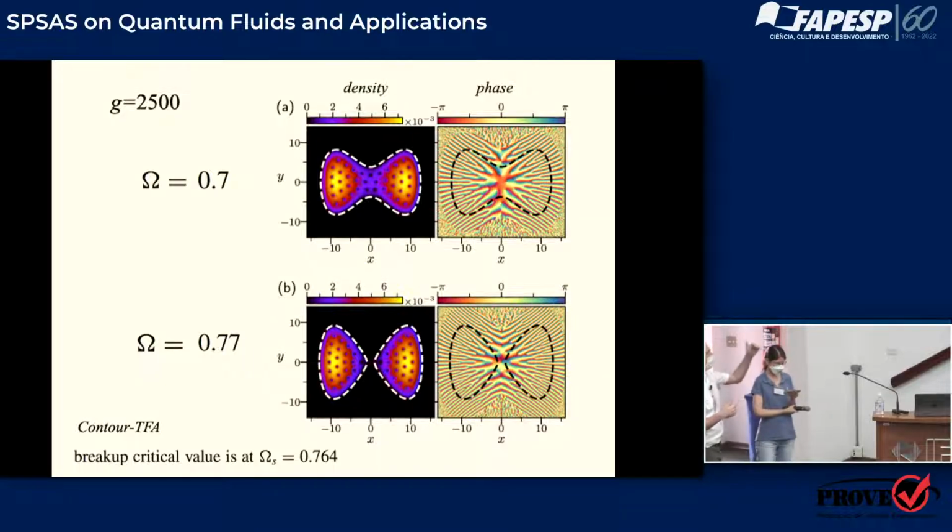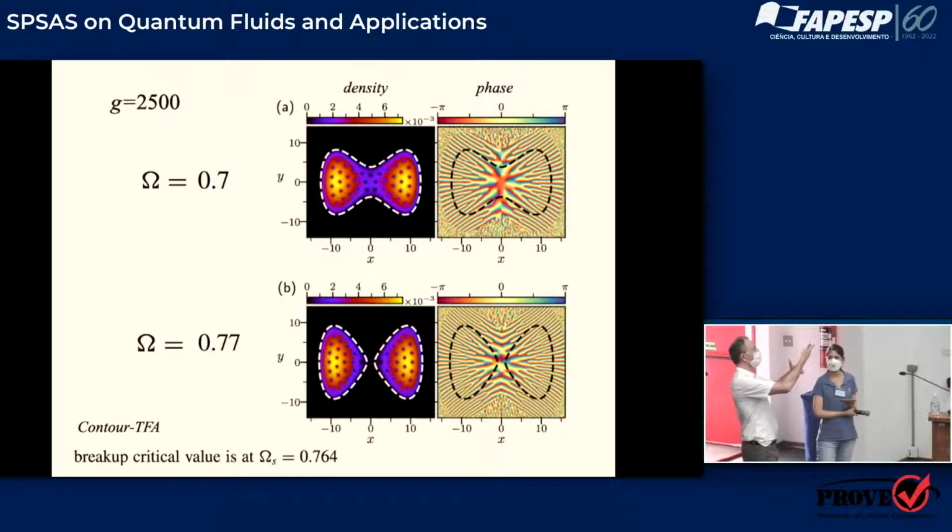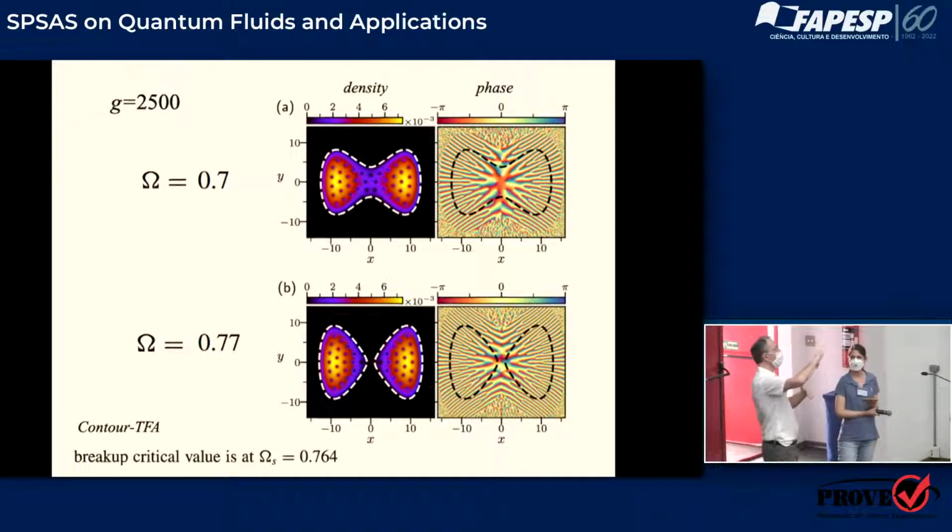So maybe we also have this state, and the other one, the reflection image with respect to the y equals 0 axis. Maybe this is also possible for this system.